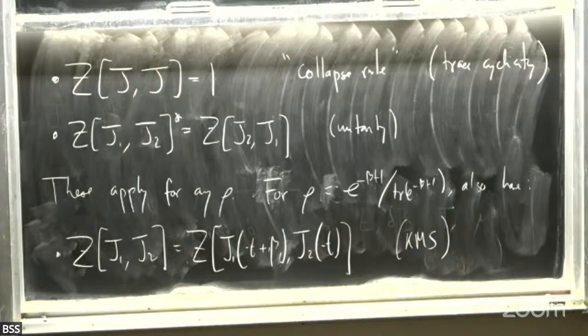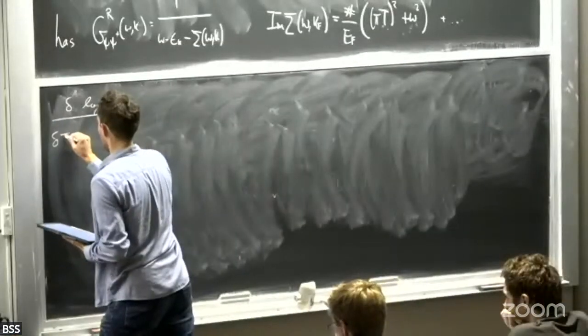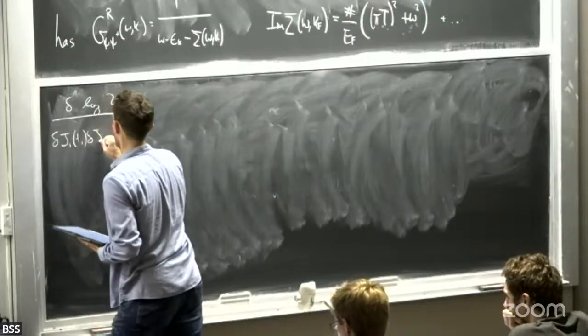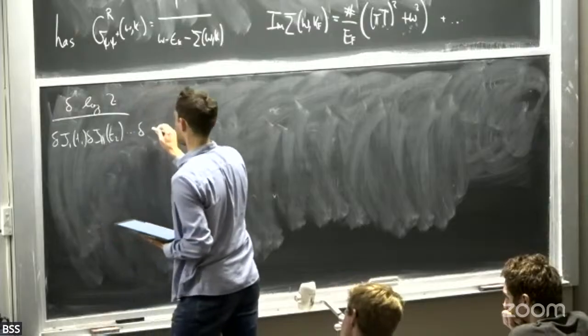So with this object, we can now generate correlation functions in real time by taking derivatives.